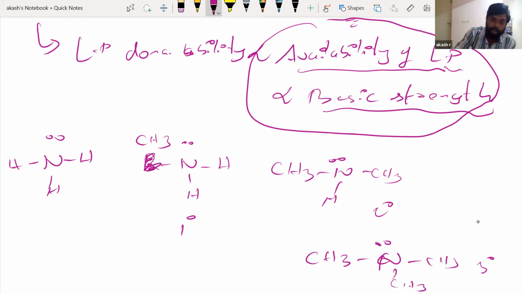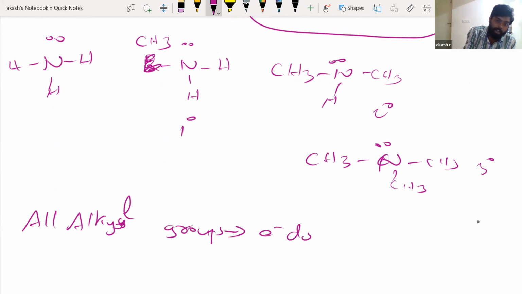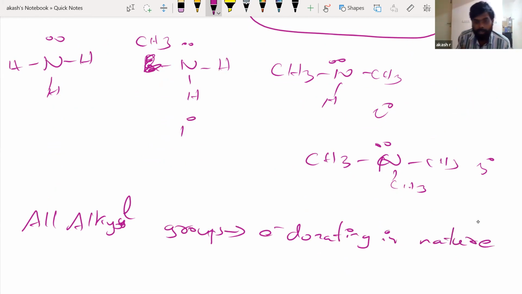This point you must have been studying from your lower classes: all alkyl groups are electron donating in nature. All alkyl groups are donating in nature means they'll all give me plus I effect. They will increase the electron density in the next atom, whichever they are next to.